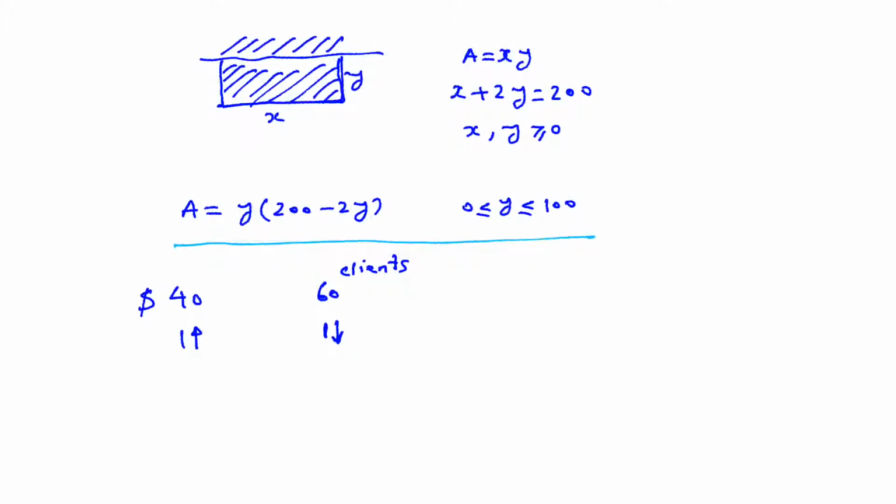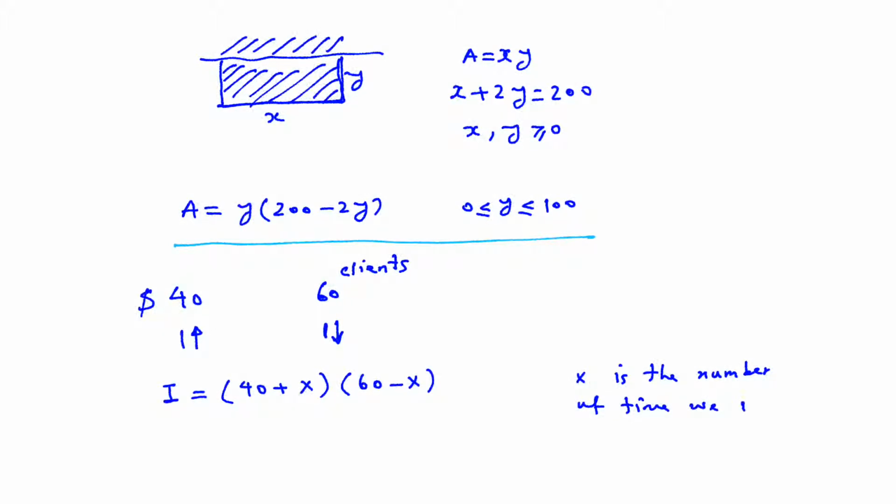The income is (40 plus x) times (60 minus x), when x is the number of times we increase the price by $1. So if you increase it x times, the price would be 40 plus x, and we lose x clients.